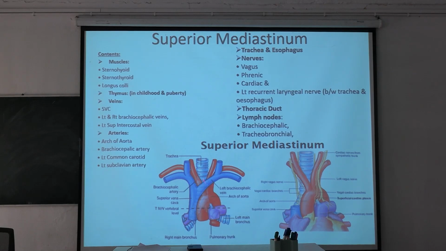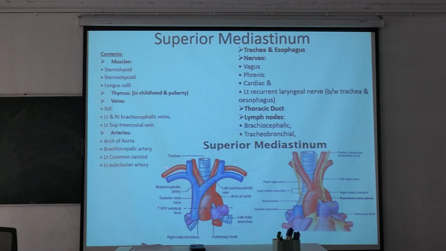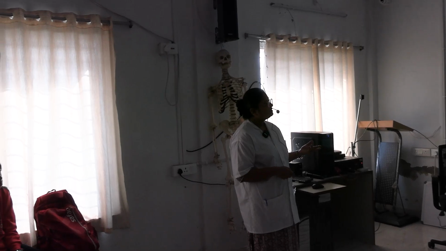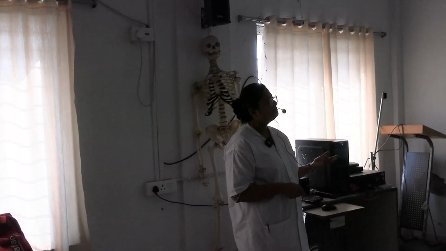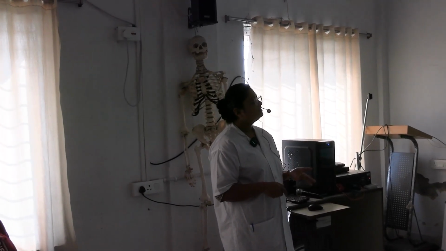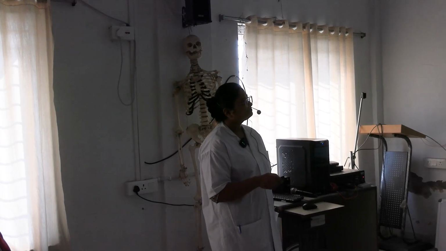These are the brachiocephalic trunk, left common carotid and left subclavian. Okay, and this brachiocephalic trunk on the right side is dividing into right common carotid and right subclavian. Okay, understood? So this arch of aorta and its three branches are included within the superior mediastinum.